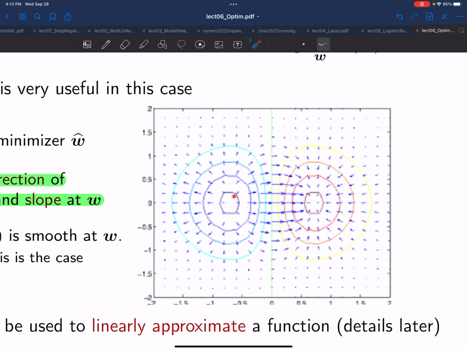And so this arrow here is pointing away from this point. So it's showing that there's uphill movement in that direction at that point.